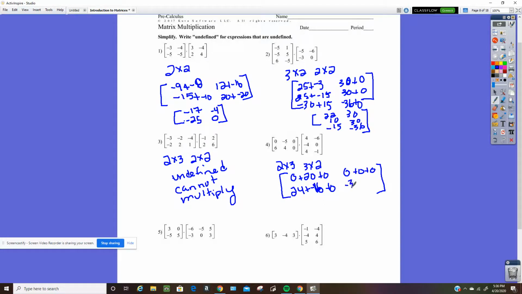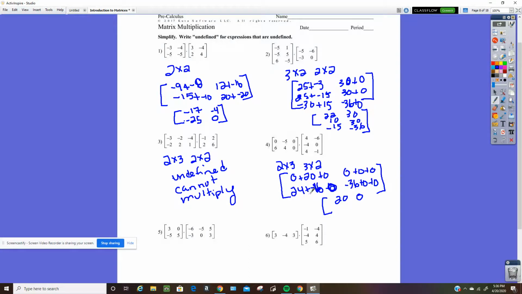And negative 36 plus 0 plus 0. So 20, 0, and this is a 0 here.